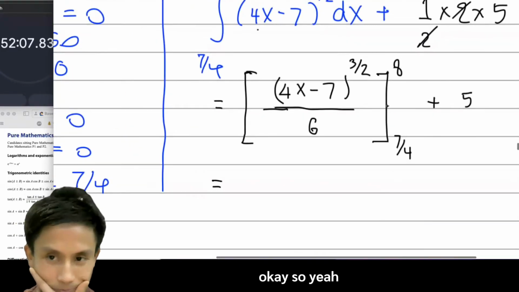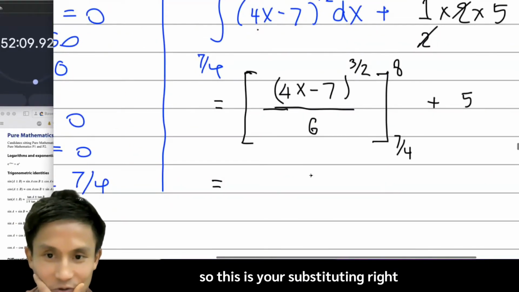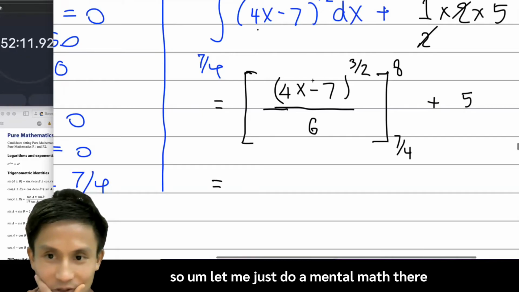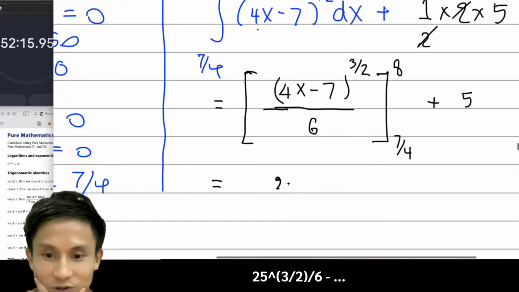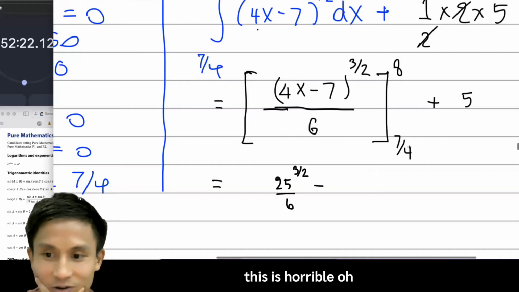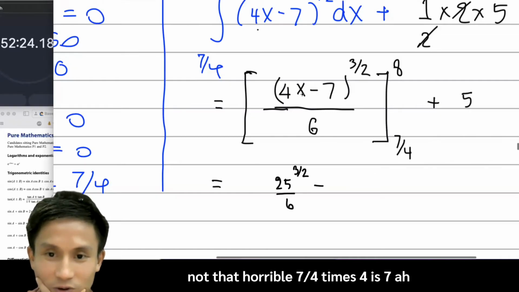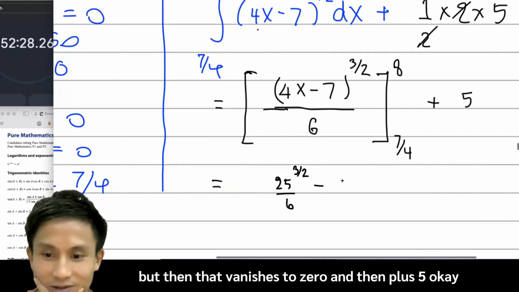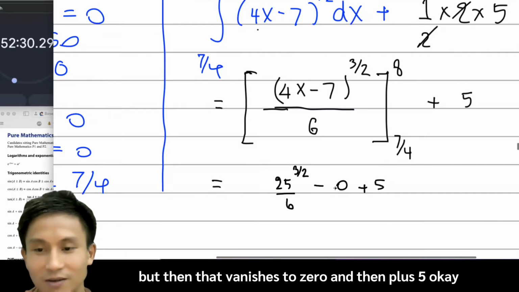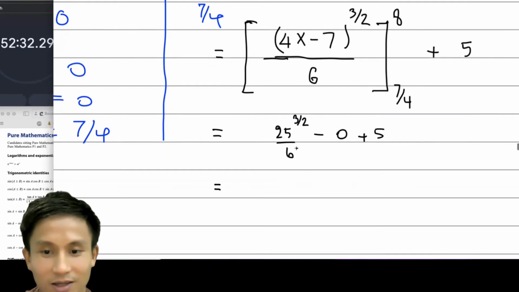Okay, so this is just substituting, right? So let me just do some mental math there. 32 minus 7 is 25 again. So 25 to the power of 3 over 2 over 6 minus, this is horrible. Oh, not that horrible. 7 over 4 times 4 is 7. But then that vanishes to 0 and then plus 5. Okay.